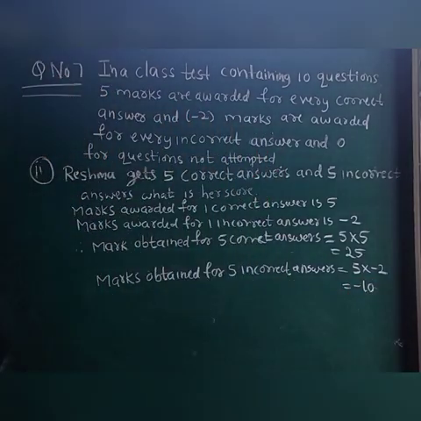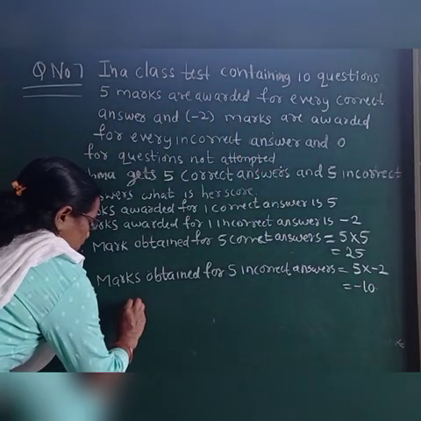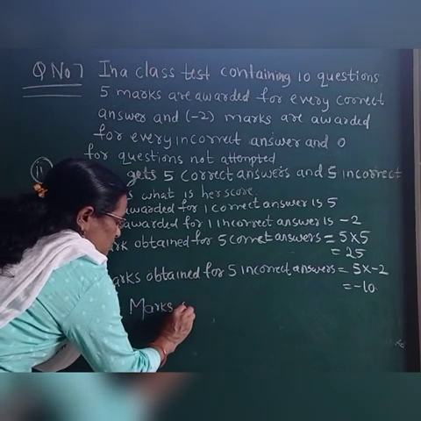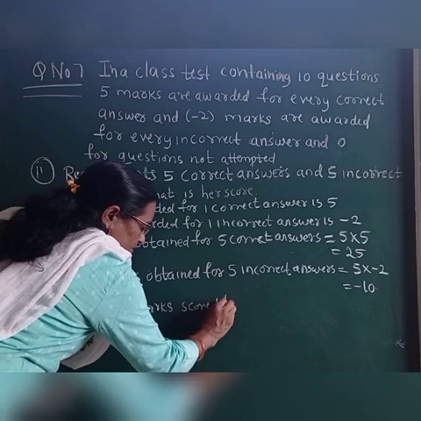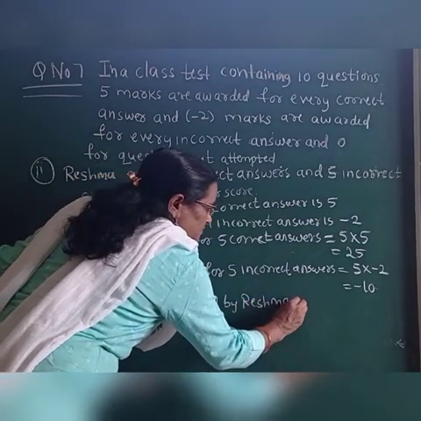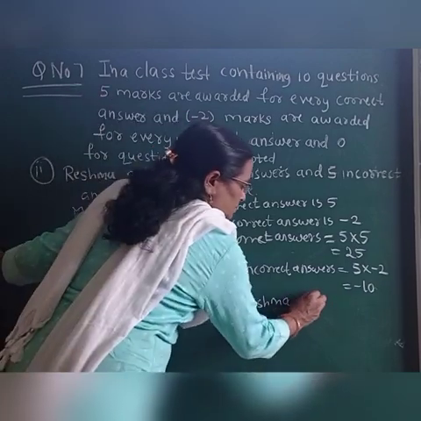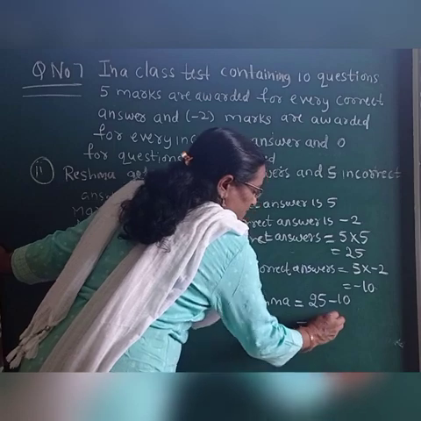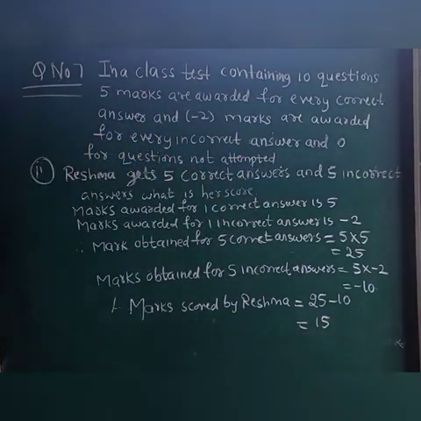Therefore, marks scored by Reshma is equal to 25 minus 10, 15 marks she got. She got 15 marks, right?